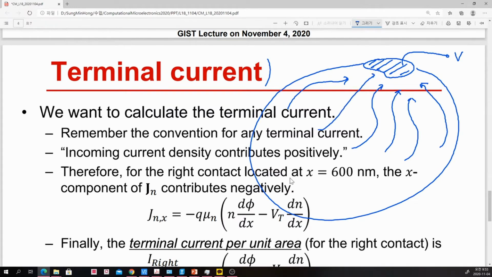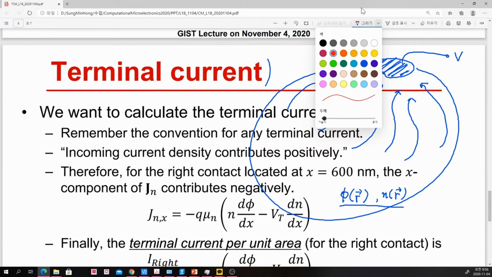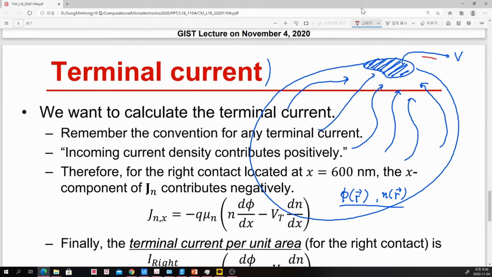So if you are interested in the current, how can you calculate it? Now you have full knowledge of the electrostatic potential at every point and the electron density at every point. From this information, how can you calculate the current? First of all, please accept this convention of terminal current, the direction of terminal current.